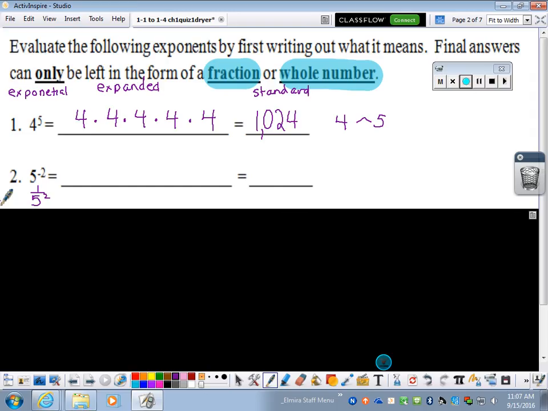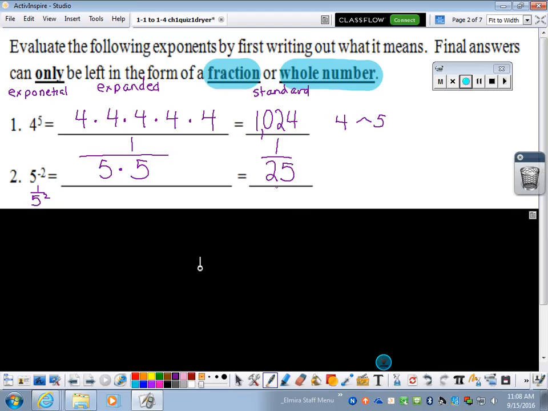I know that that's still what's familiar to you because we've been working predominantly with the exponential form for the last 2 days, but in this section we're being asked to remember what we did last week with expanded form and to write this in expanded form. It's still going to be 1 on top, it's still going to be a fraction bar, but we're going to actually write out the 5 times 5 instead of leaving it 5 squared. And then standard form, we're going to multiply that, 1 over 25, and that would be my final answer.